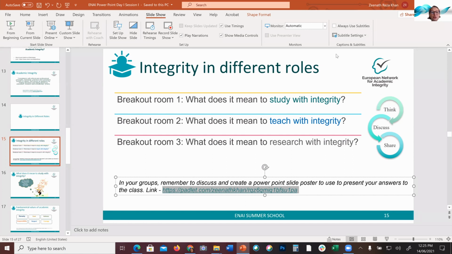And the end product from each breakout room would be a one-slide poster where we present our answers that stem from the group discussion. And I think we need probably 20 minutes in each breakout room to discuss and to provide the answers, right, Zinat? Yeah, I think so.